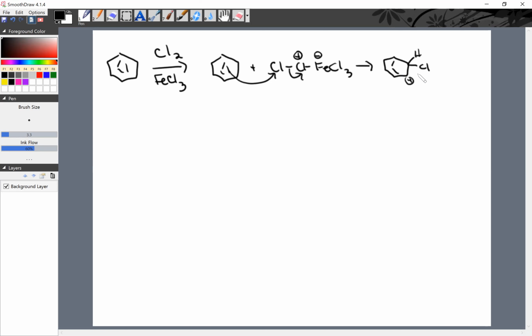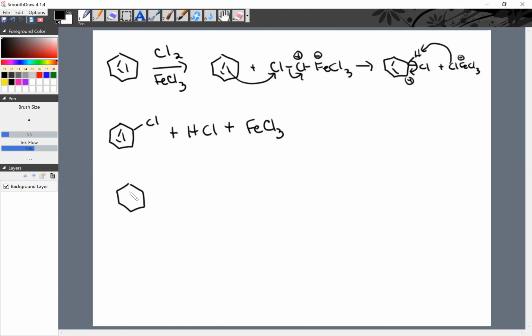But when you break a pi bond, you have to have that in there. And I'm left with Cl, Fe, Cl3 with a negative. That is the base that will come and rip off the hydrogen. I now have my aromatic compound reformed, plus the HCl, plus I regenerate my catalyst. That is what you would see for halogenation.